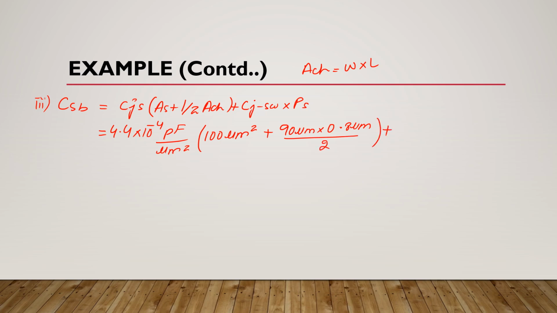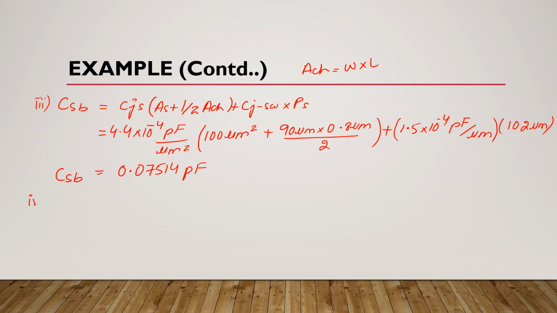We know that here the value of junction side wall capacitance is 1.5 into 10 raised to the power minus 4 picofarad per micrometer, and here the value of source perimeter is 102 micrometer. After solving this, you will get 0.07514 picofarad. So this is the value of source to bulk capacitance here.